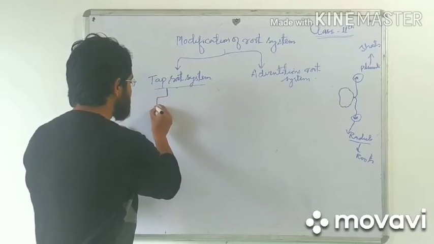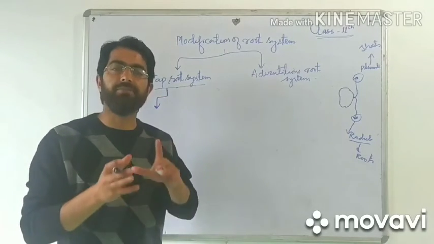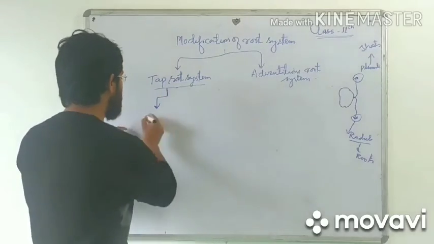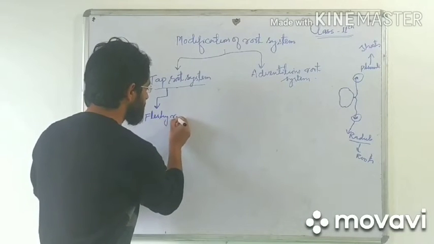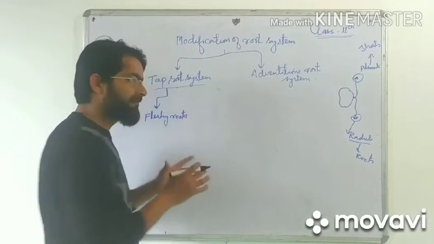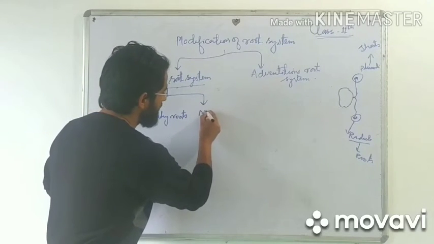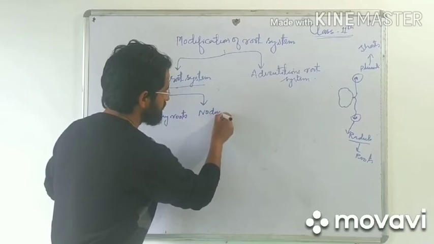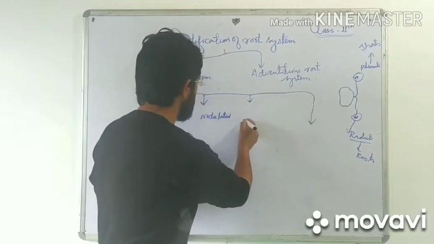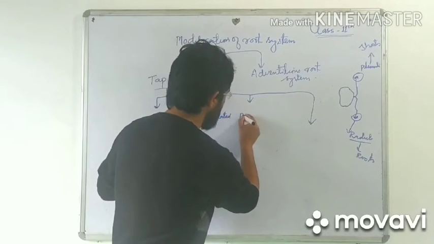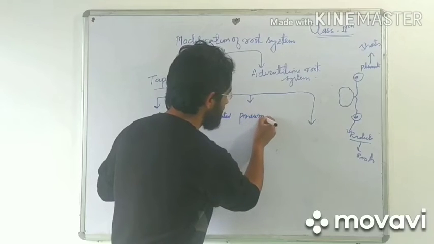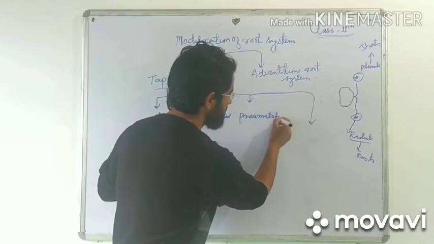One is when it gets modified and performs the function of storage. We call them fleshy roots. Second is nodulated roots. Third is nematophoric roots, nematophores.